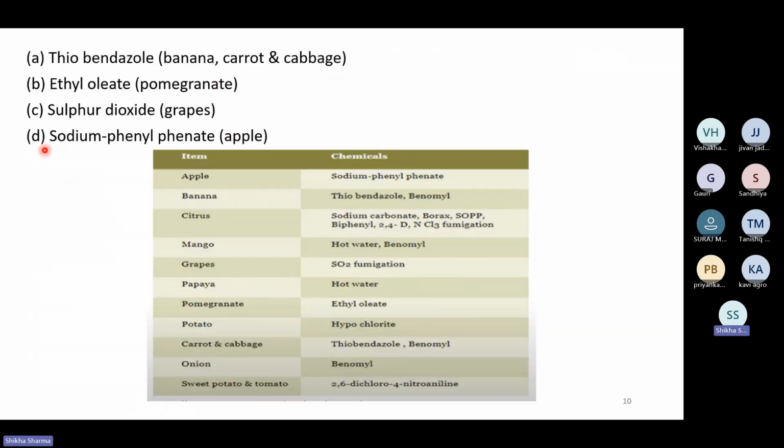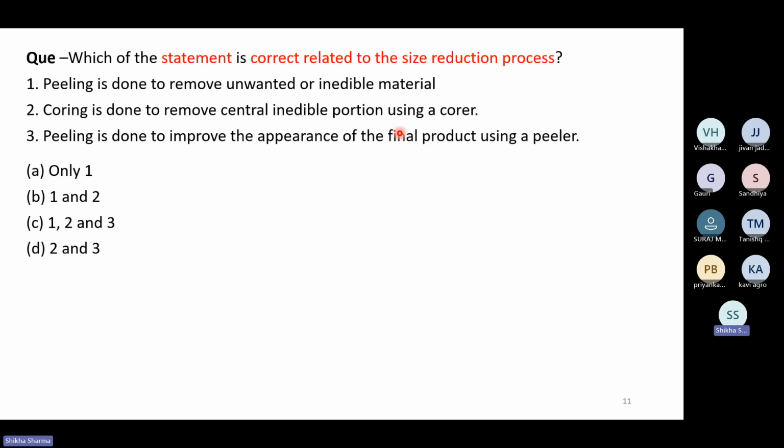So let's see this question now, which is: which of the four statements is correct regarding the size reduction process? First statement, peeling is done to remove unwanted or inedible material.